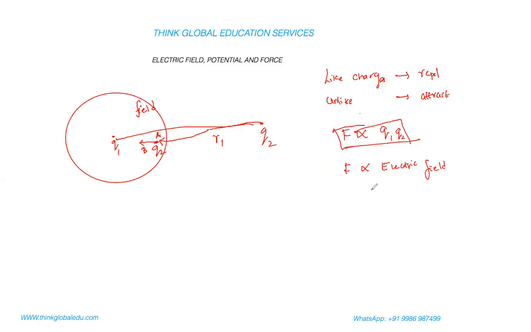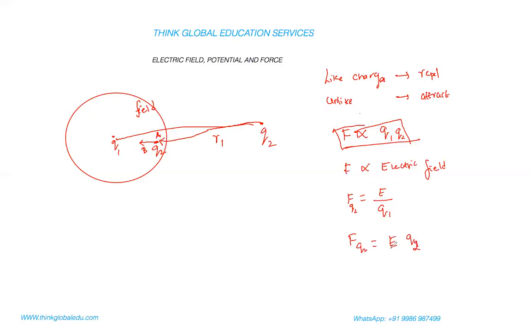So what would be the force here? Since this is the force felt by Q2 due to Q1, the force felt by Q2 is equal to E multiplied by Q2, that is the electric field due to Q1 multiplied by Q2.